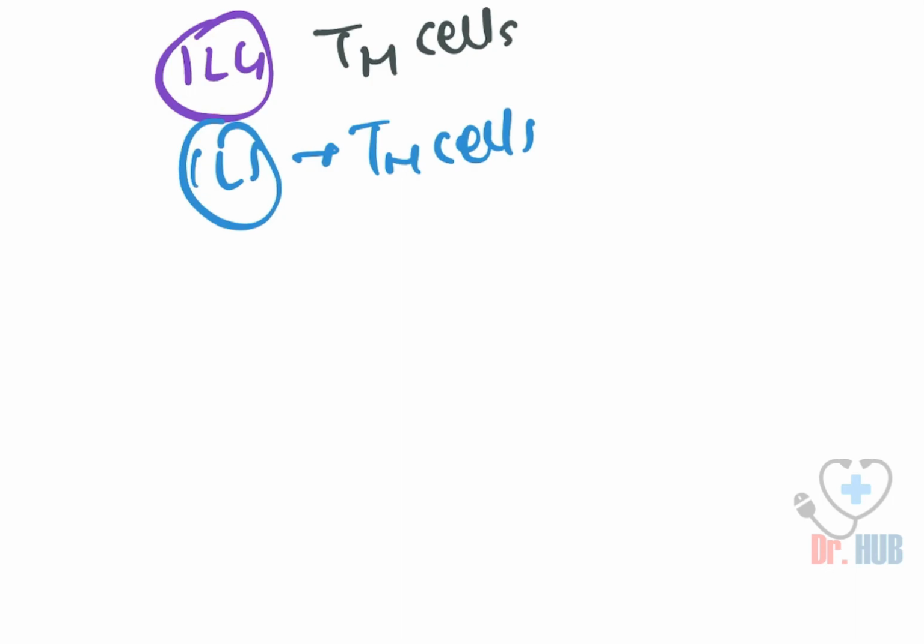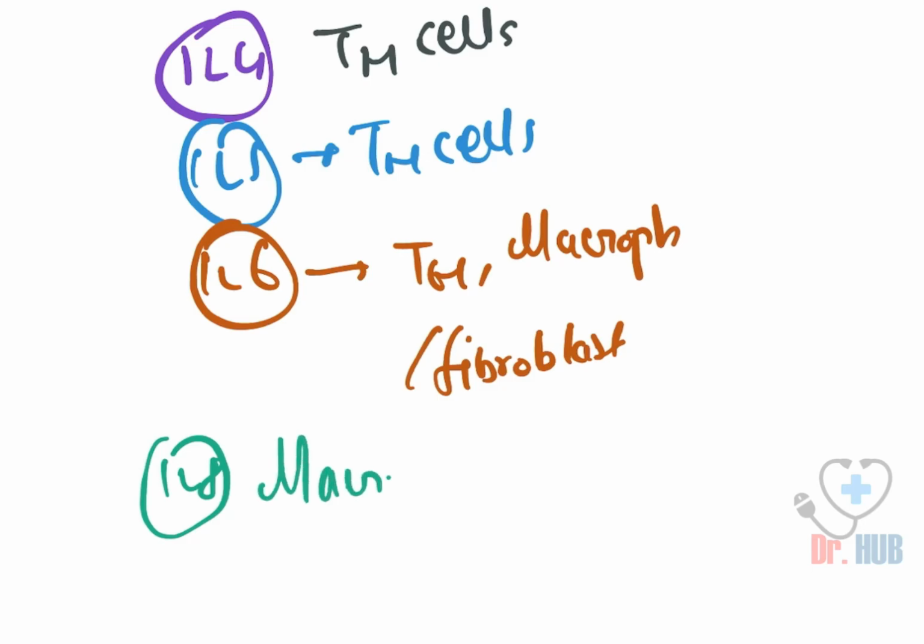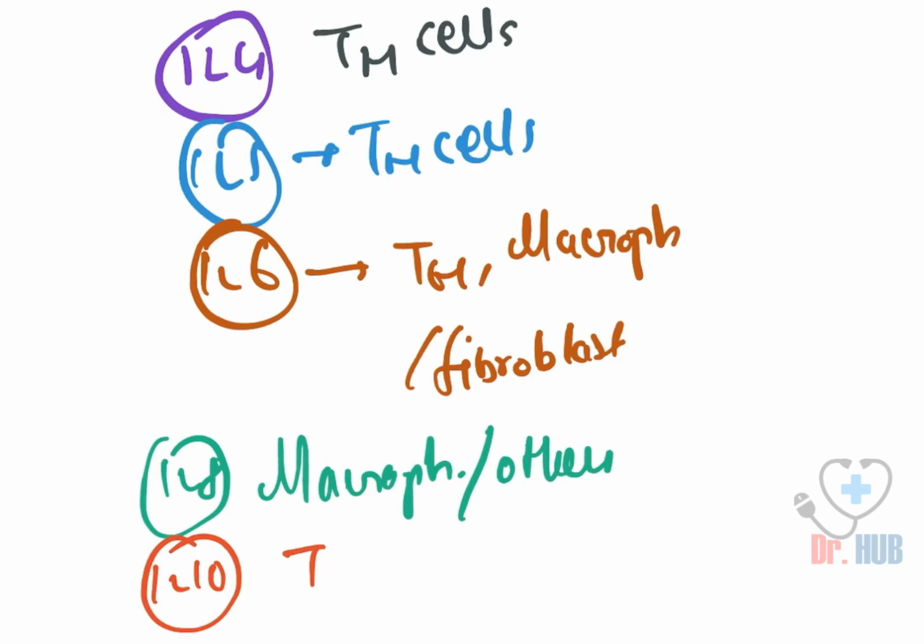Then moving on to IL-6, which is the TH cells as well as the macrophages and the fibroblasts. Then IL-8, which is the macrophages and others. Then IL-10 comes from the T and B cells as well as the macrophages.